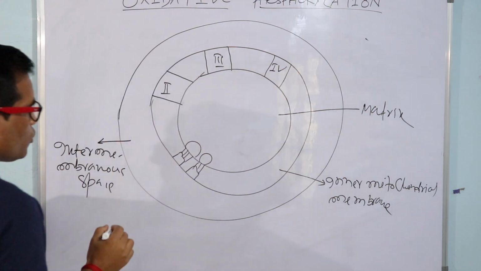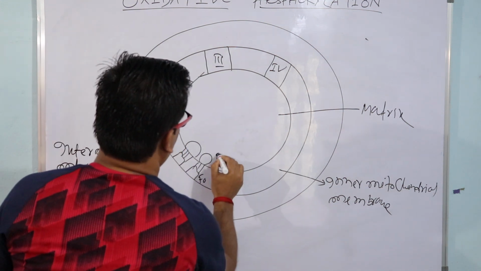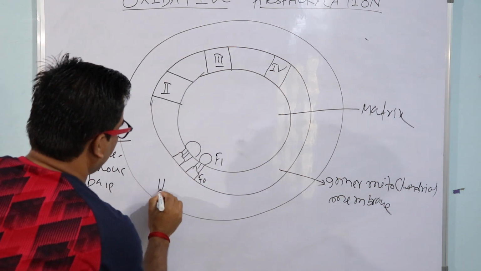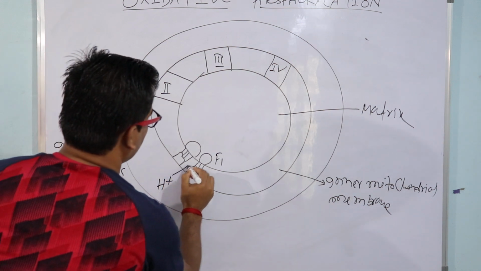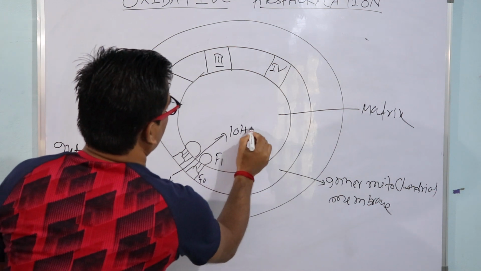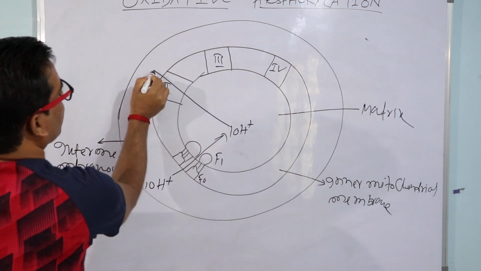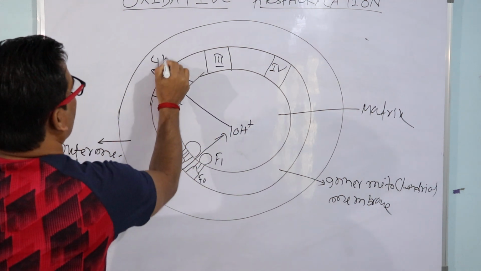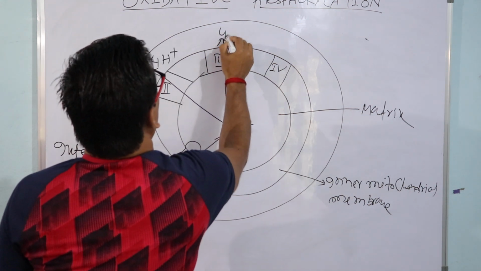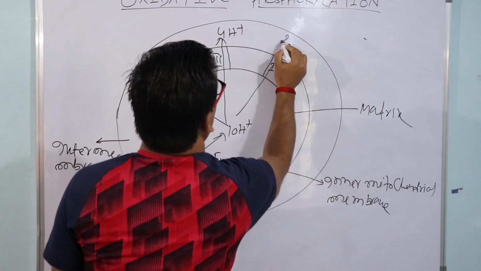Now this is known as the F1 F0 protein. The F0 protein acts as a proton channel by which the protons can enter. Then 10 hydrogen ions are translocated from the matrix to the intermembranous space by complex 2, that is 4 hydrogen, here 4 hydrogen, but in the case of complex 5, 2 hydrogen.